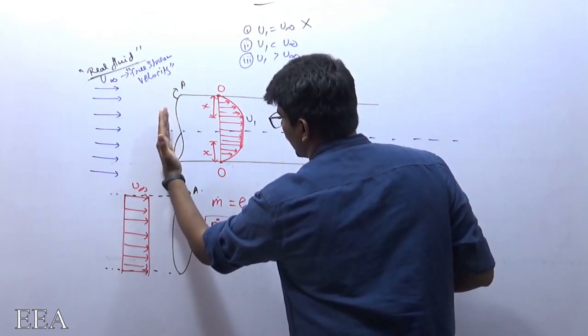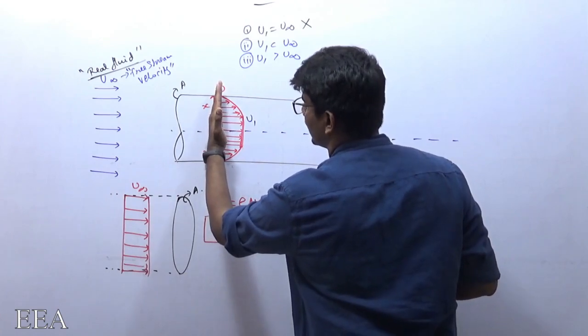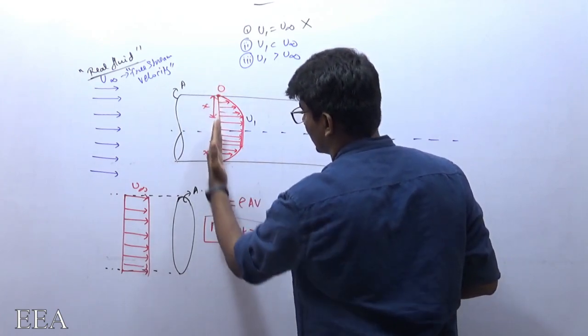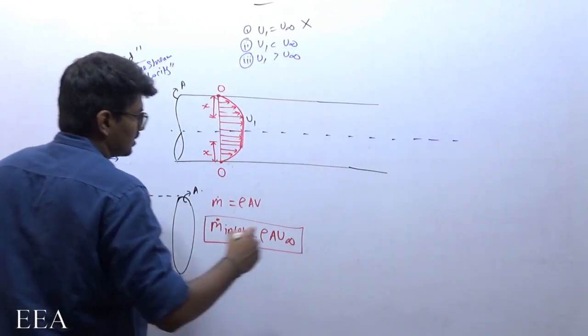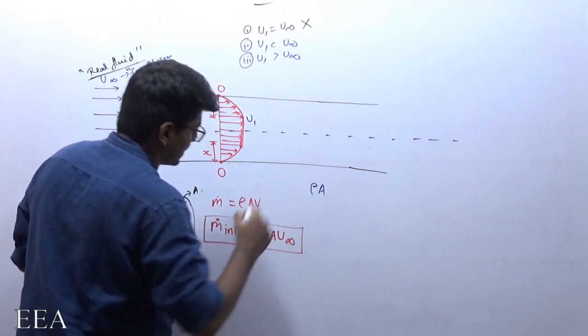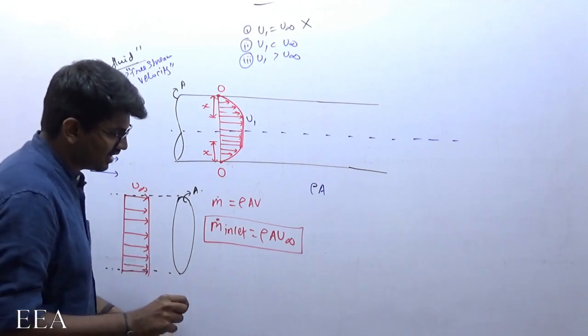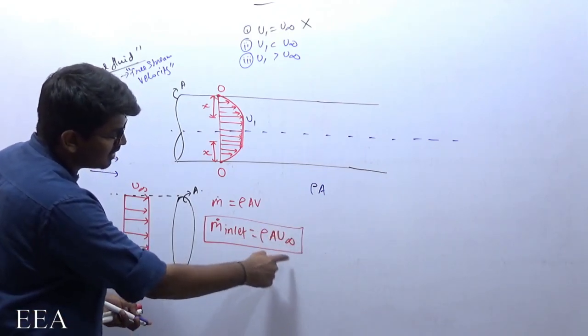Now if I want to find the mass flow rate here at this section, just think about what will happen. It is similar, rho A is fine, but is the velocity the same everywhere?